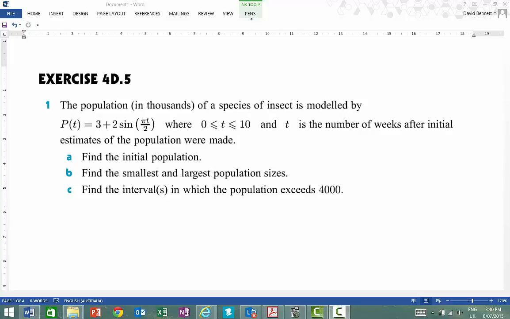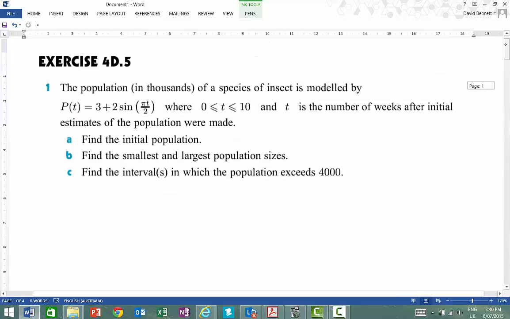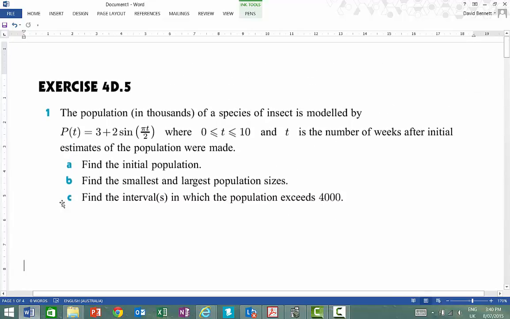If I was going to do something like that, part A, what I'd need to do is look at the time when t is equal to 0. So we're going to say p of 0, because that's the initial time, is 3 plus 2 sine of, now when you put 0 in there, 0 times anything is 0, so sine of 0.